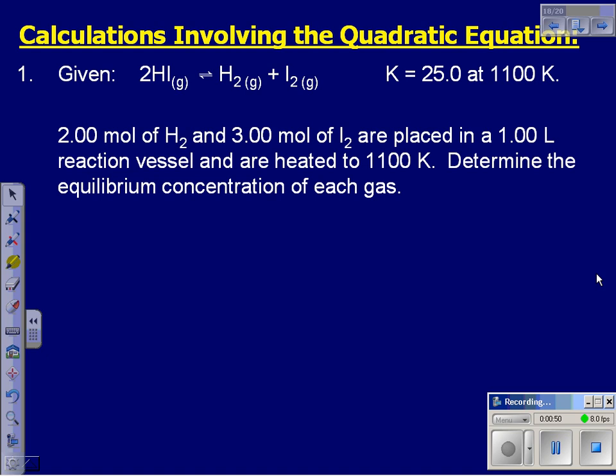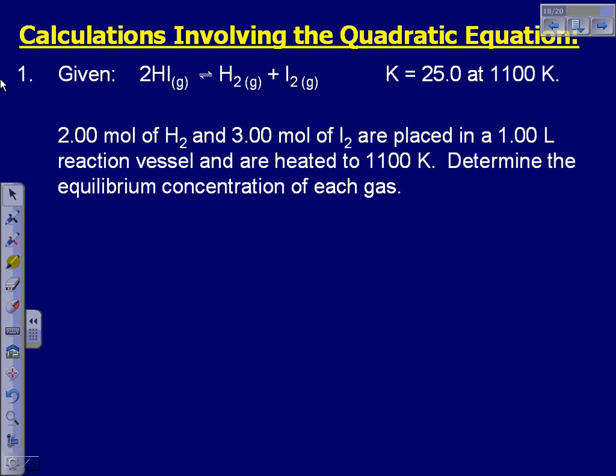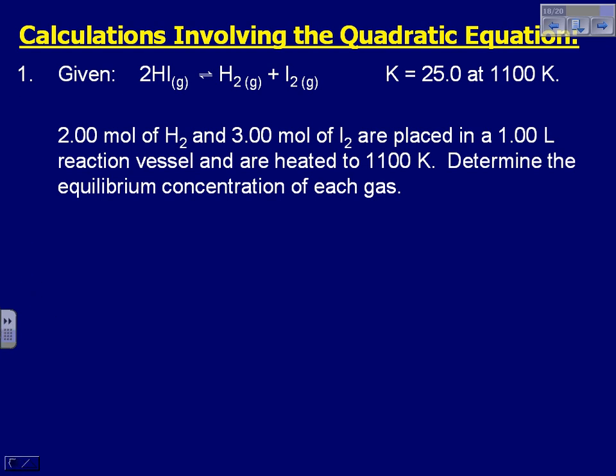In this last example, you'll notice our equilibrium constant is quite large, 25, and we're going to result in a scenario where we cannot cancel out, we cannot have a perfect square, so we're going to have to actually go through the quadratic. As per normal, we will start with the ICE table. 2HI, H2, I2.